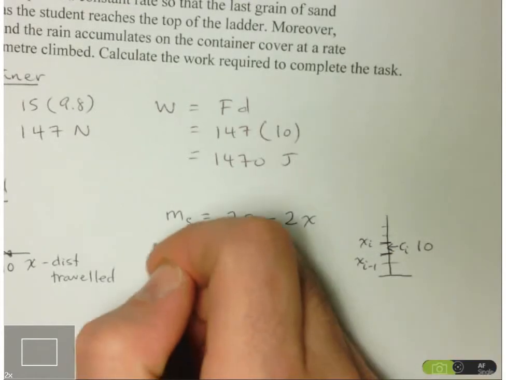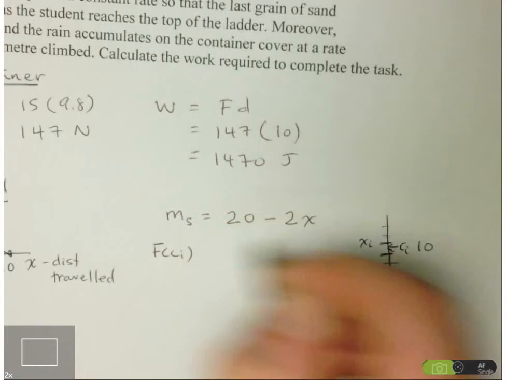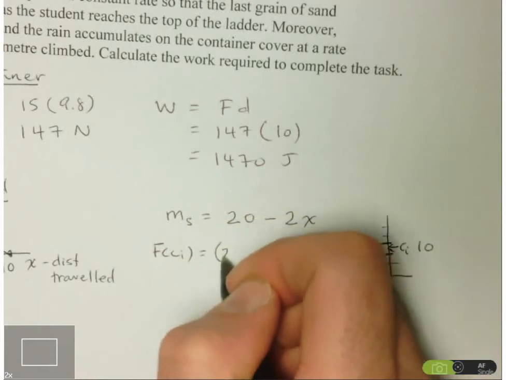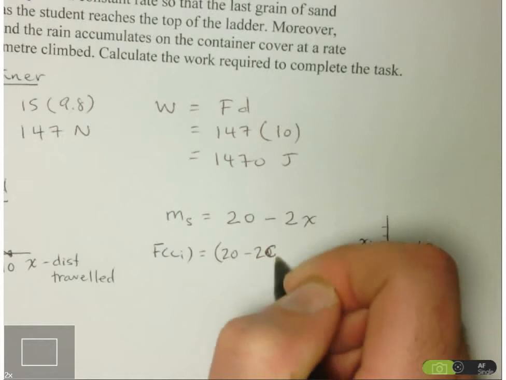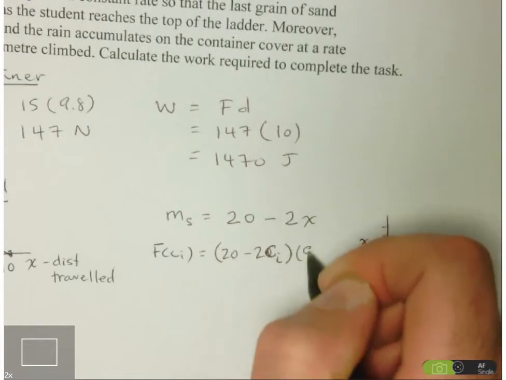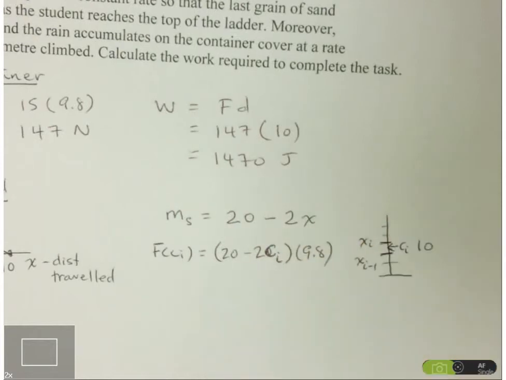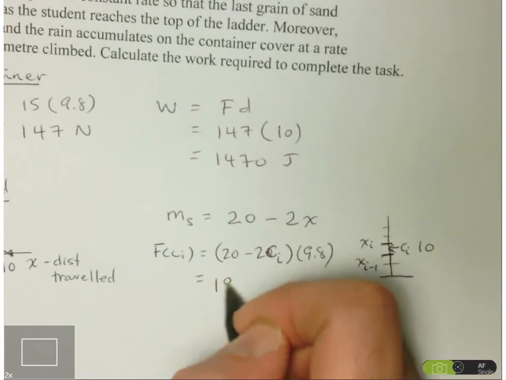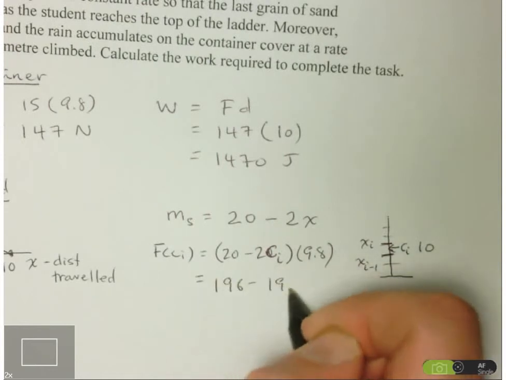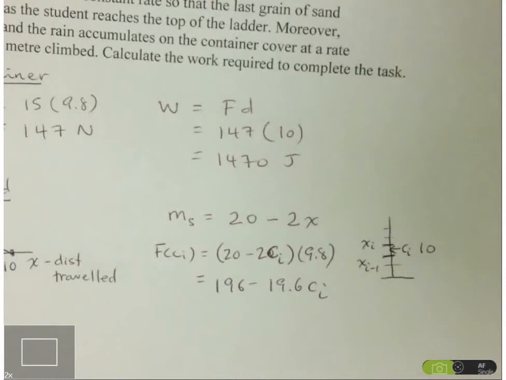So the force at c_i will be the mass, 20 minus 2 times c_i, times again the acceleration due to gravity 9.8, and so we have 196 minus 19.6 c_i.